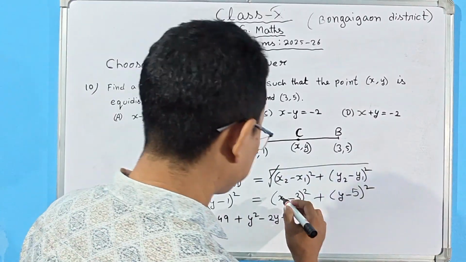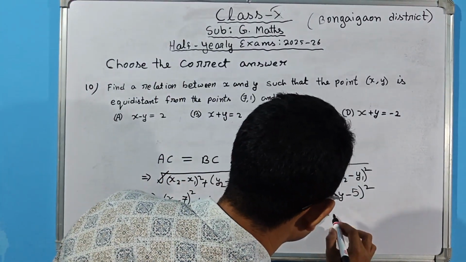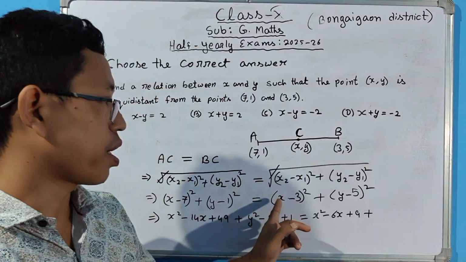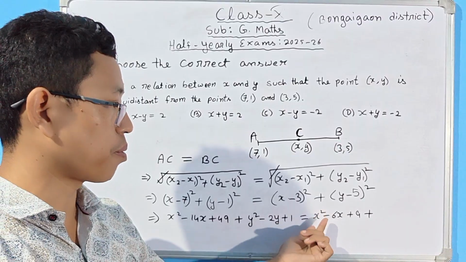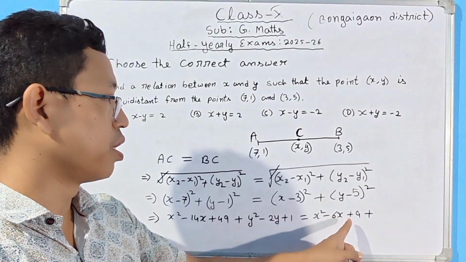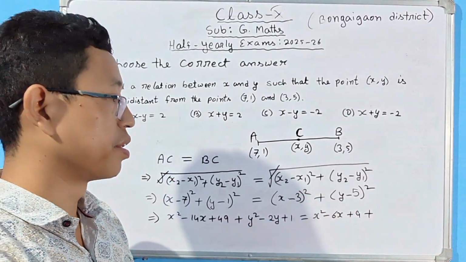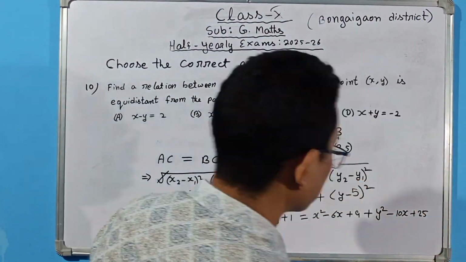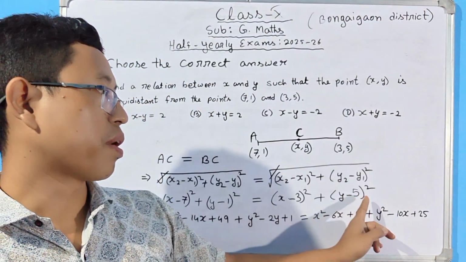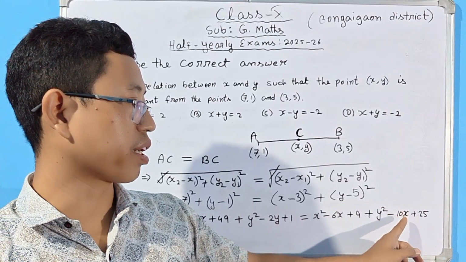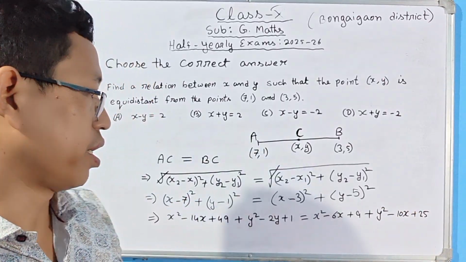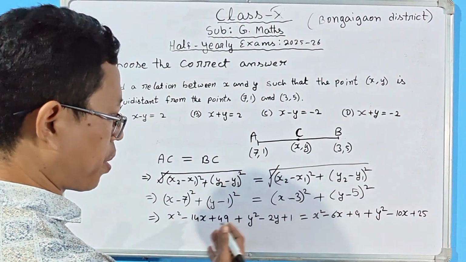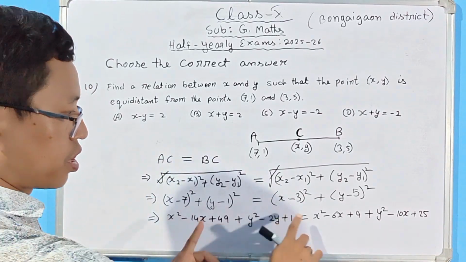So also here, (x minus 3) whole square equals x square minus 6x plus 3 square, which is 9. So also here, (y minus 5) whole square is equal to y square minus 10y plus 25. Clear? Now we equate both sides.